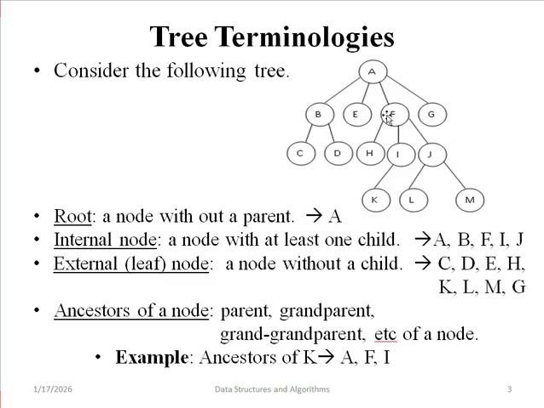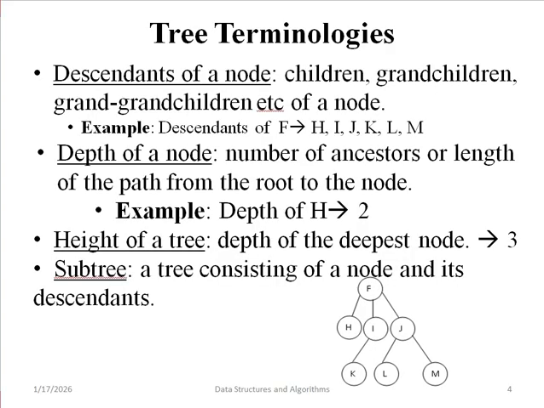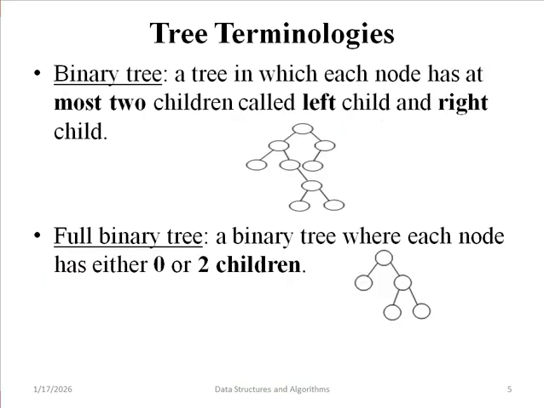We can also consider B, C, D as a subtree, or J, L and M as a subtree, or I and K as one subtree. So a subtree is just a part of the tree, considering one node and its descendants.